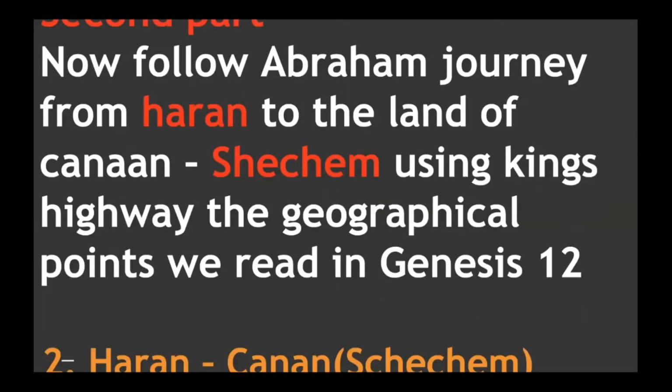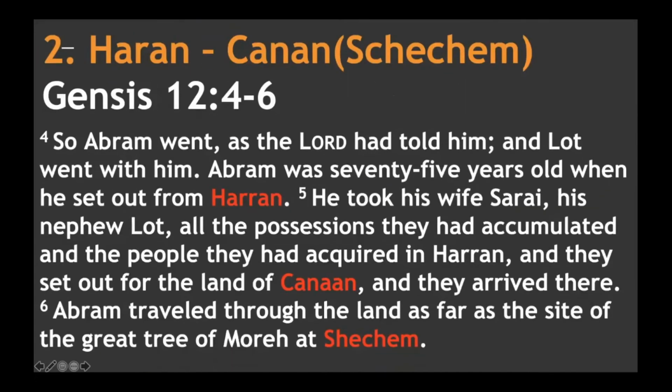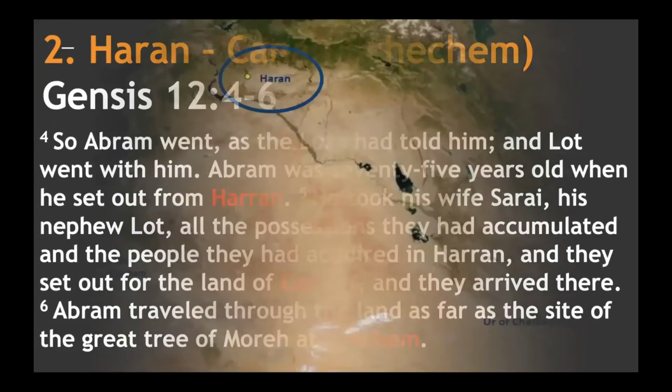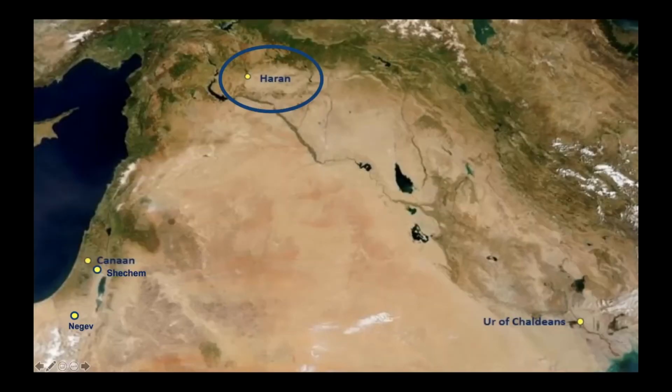And why did he stay at Haran? I won't read all the verses. Genesis 12:4-6, this is Haran. He stayed there, then went to Canaan, into Shechem. Why Haran? Also, it's a metropolitan city. Haran is also where the King's Highway meets with the Road of the Sea, the Via Maris, and goes south.